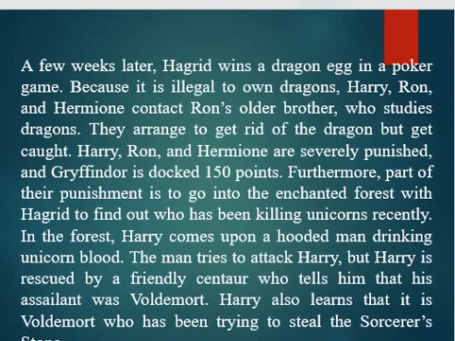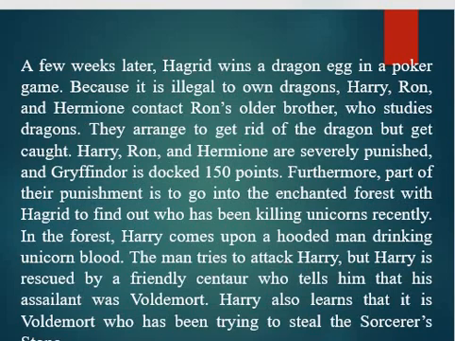Harry, Ron, and Hermione are severely punished, and Gryffindor is docked 150 points. Furthermore, part of their punishment is to go into the enchanted forest with Hagrid to find out who has been killing unicorns recently.